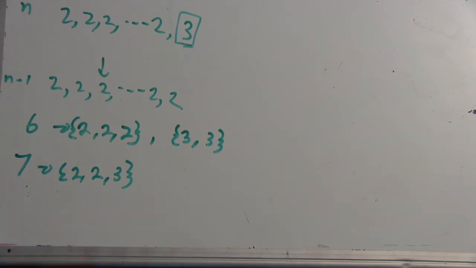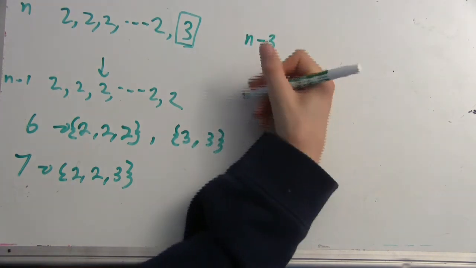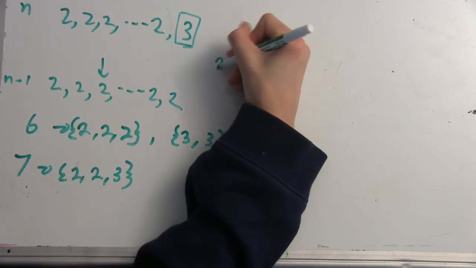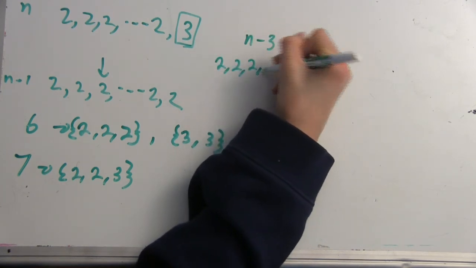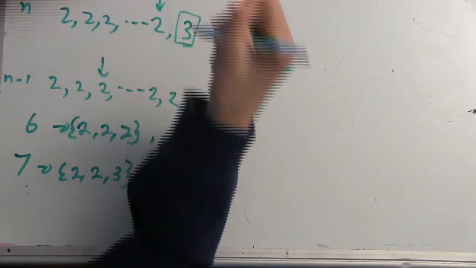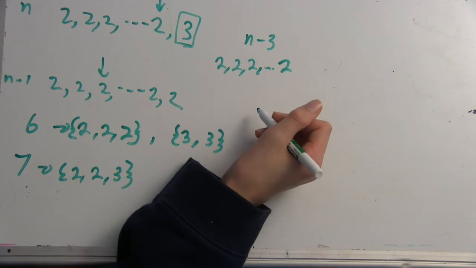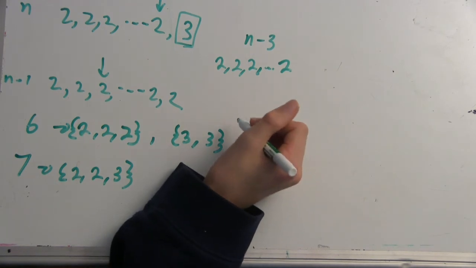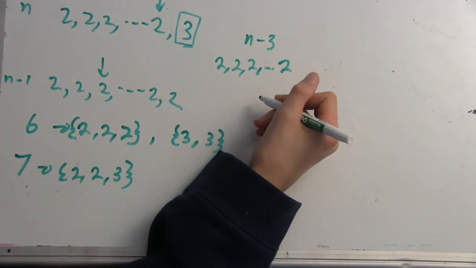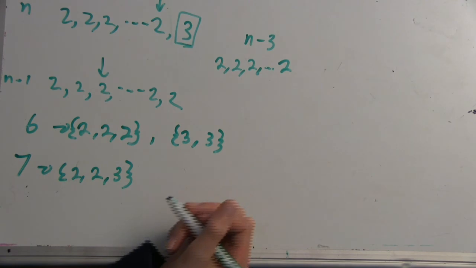So then we looked at n minus 3. And this would be the same as your n, just going up to this 2, taking away the 3. Then all you need to do is just add a 3 on the end. And this worked better because you didn't run into this problem.